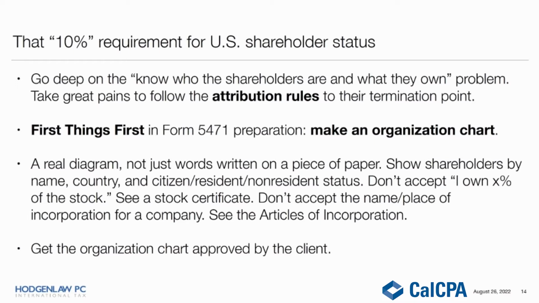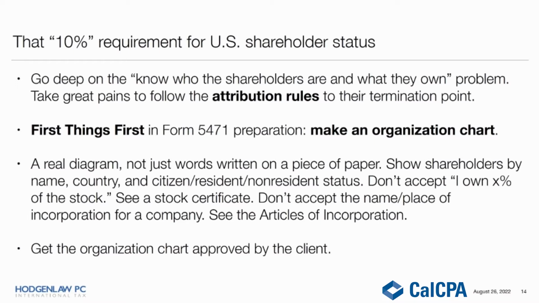I meant to give my cousin 40%, but in fact, I'm still the 100% owner, that level of stuff. So spend whatever time it takes to get this thing right and get it approved by the client. And then and only then are you going to feel comfortable moving on to the next step of figuring out what filing category you have and indeed preparing the rest of the Form 5471.